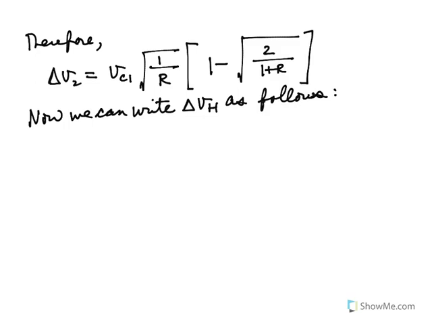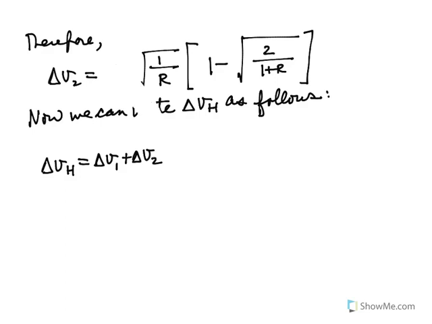And this actually makes it quite useful to be able to work with it a little bit better, which is that delta v Hohmann, which is equal to delta v1 plus delta v2, is equal to the following.